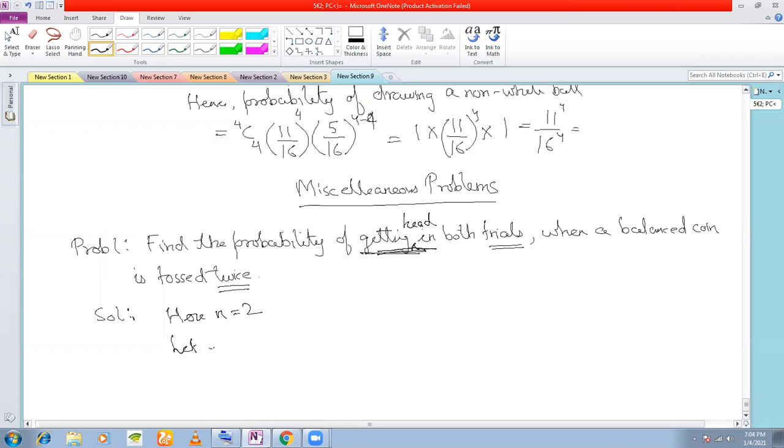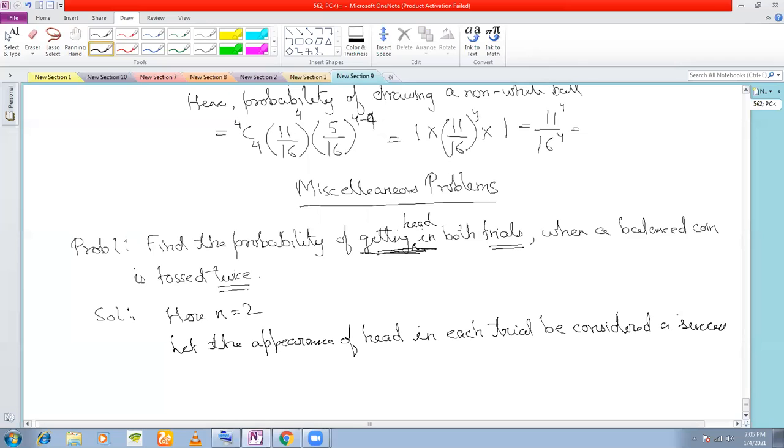So let the appearance of head in each trial be considered a success. So what is the probability of success?